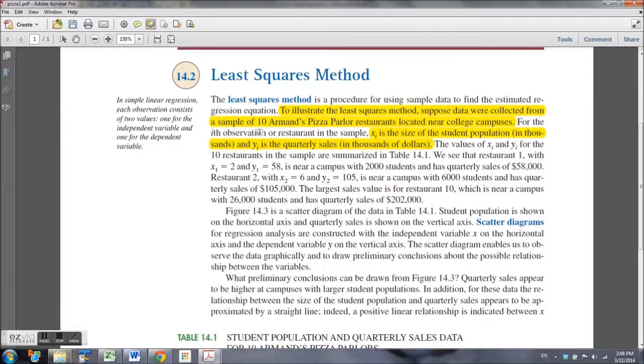Quarterly sales is what we want to predict, and that is our y. We want to predict that using the student population, so student population is x. Then we can write the equation y equals beta sub 0 plus beta sub 1 x plus error term epsilon, where y is quarterly sales and x is student population.